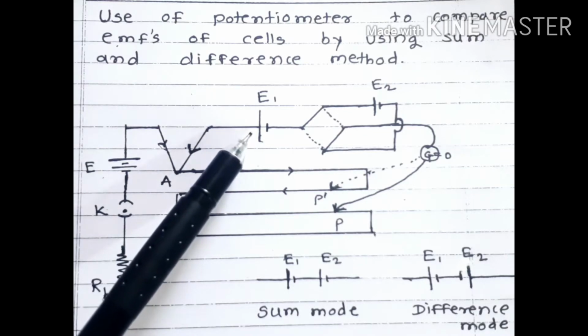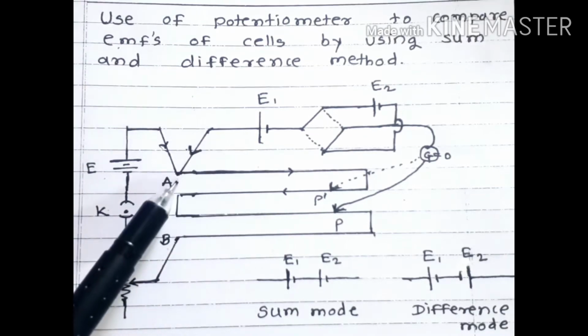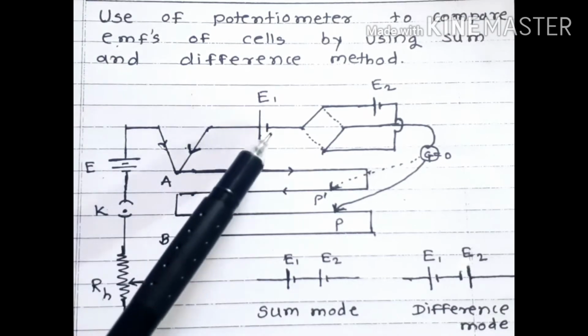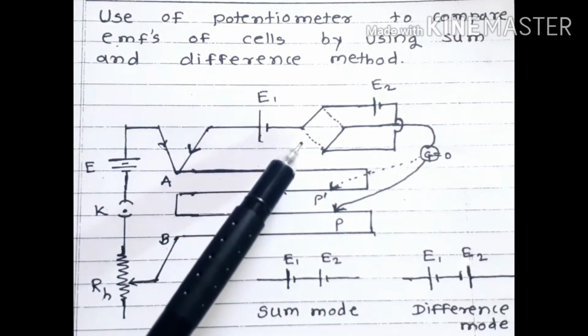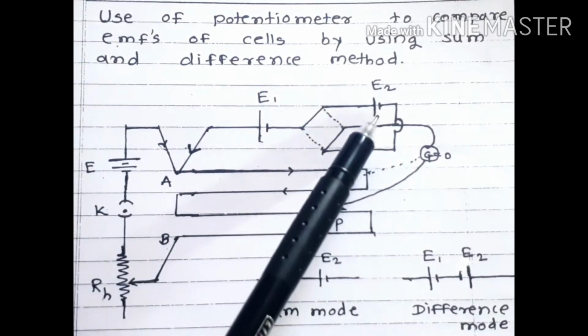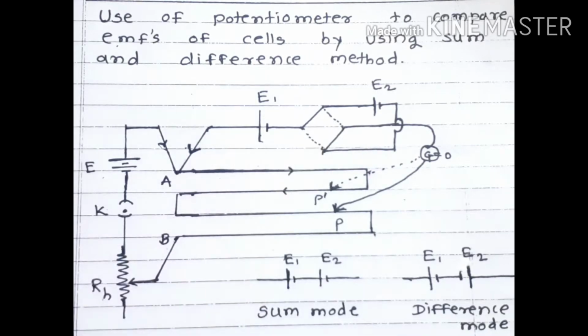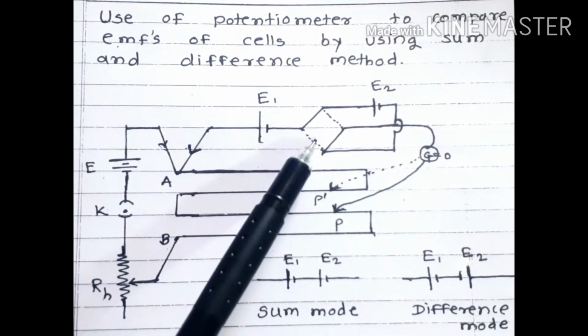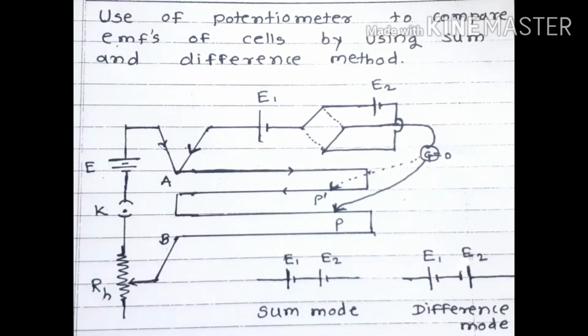Cell E1, its positive terminal is connected to point A and its negative terminal is connected to E2 through a reverse key. With the help of this reverse key, we are able to change the sum mode into difference mode as well as difference mode into sum mode.